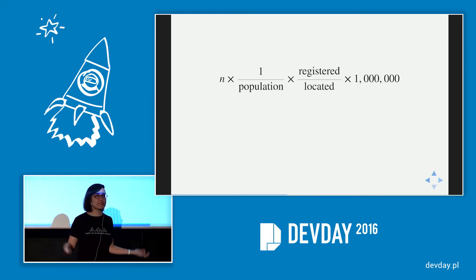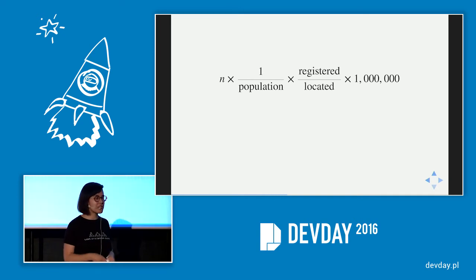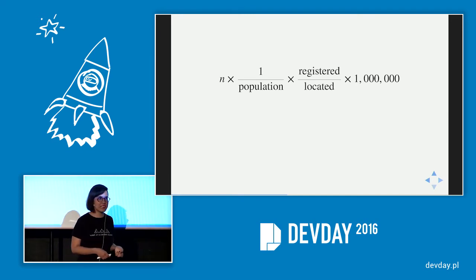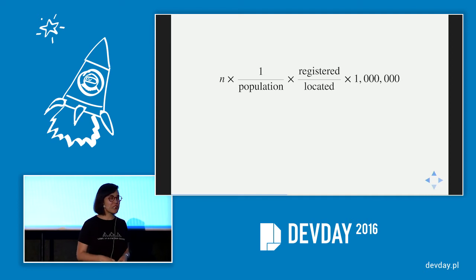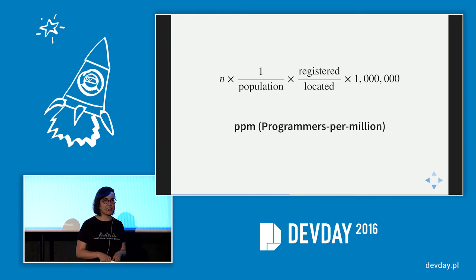So for me, if I go somewhere, where is the highest density of F# programmers? That's useful to know, right? Because if you just look at the number of posts on Stack Overflow, it will be like the US, China, etc. Because that's where most people live. So it doesn't tell you actually that much. So I came up with a very mathematical formulation to compute the number of programmers per million inhabitants.